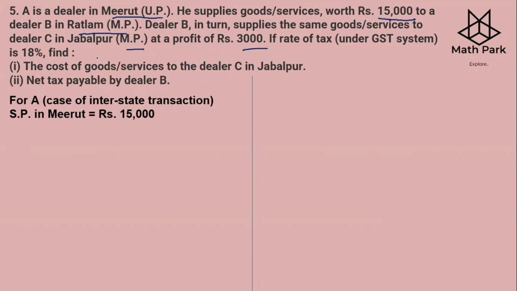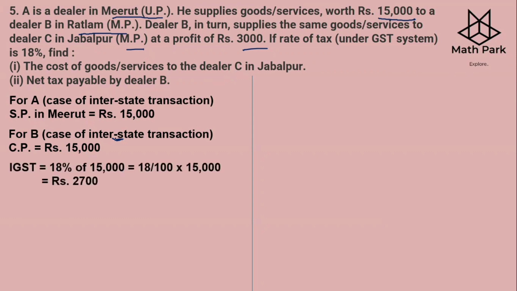So for a dealer in Meerut, interstate transaction is selling from Uttar Pradesh to Ratlam, Madhya Pradesh. So SP in Meerut, selling price in Meerut is 15,000. And for B, since it is interstate transaction, the cost price is going to be 15,000, the purchase price for which the dealer B purchases.